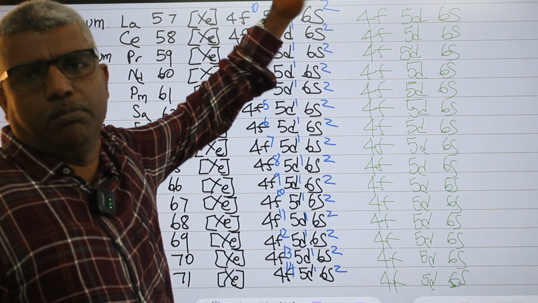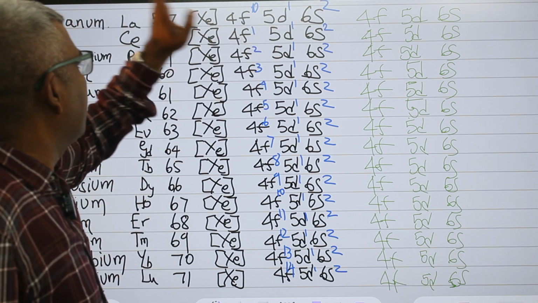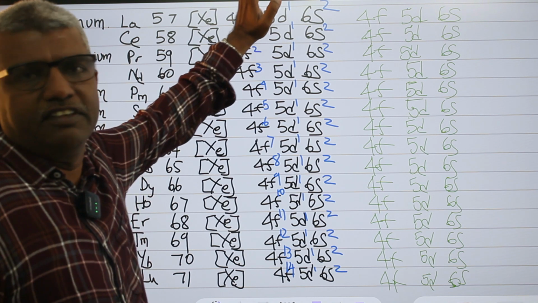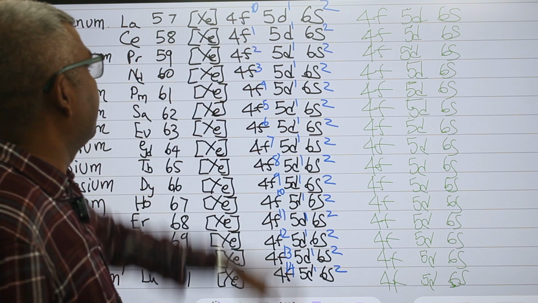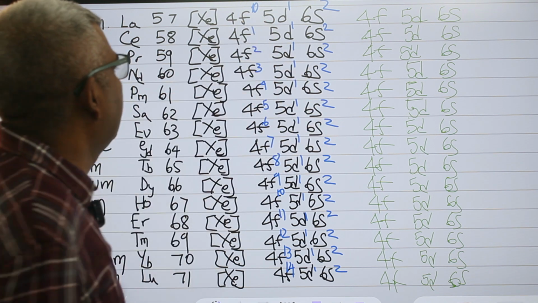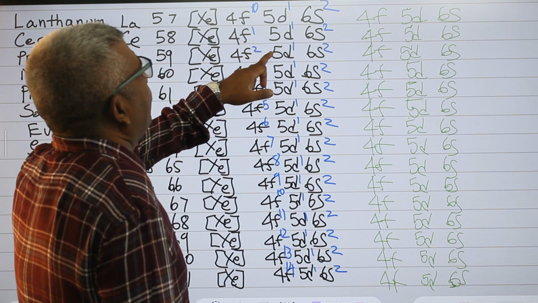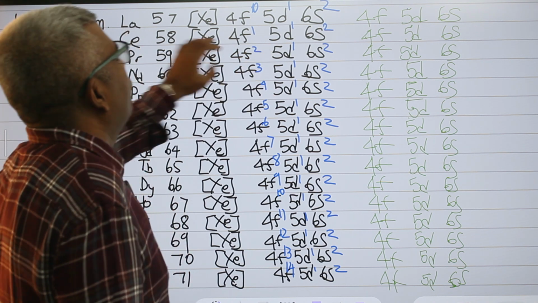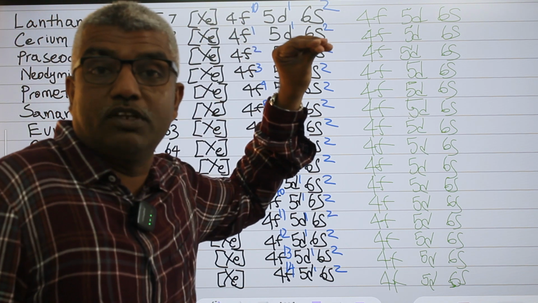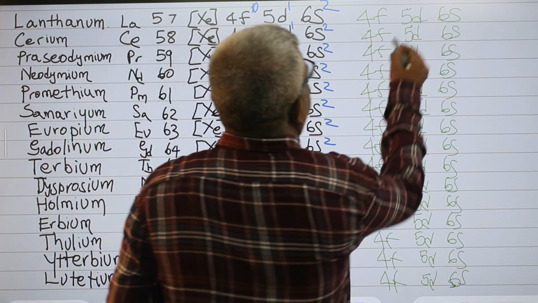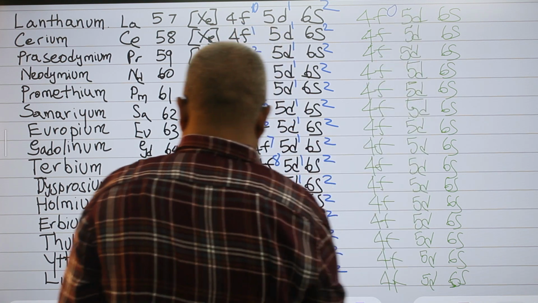It is a d-block element, not an f-block element, because there is no electron in 4f. Now we come to cerium: 4f1, 5d1, 6s2. One electron enters the 4f orbital. Here the expected and the actual are the same.